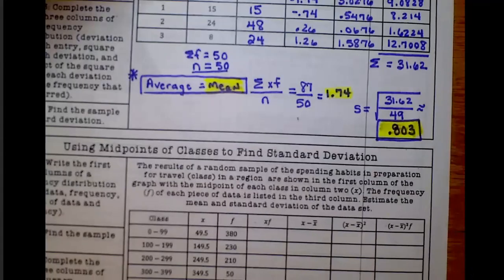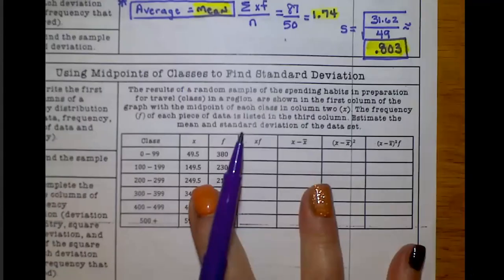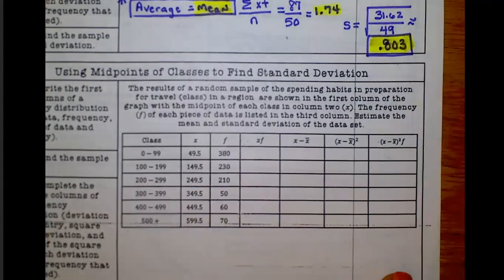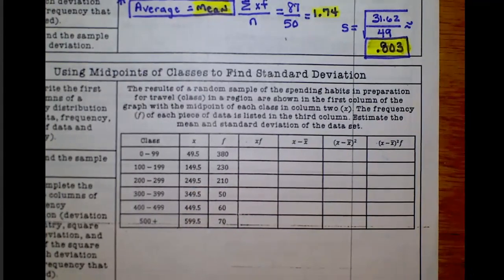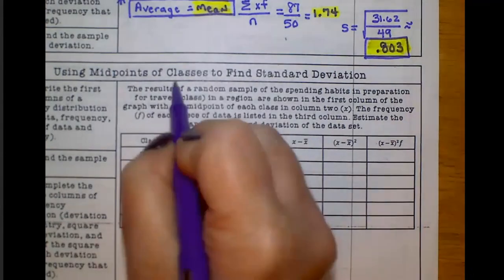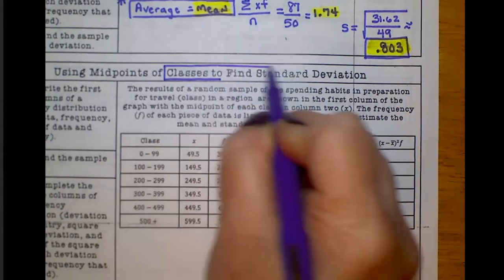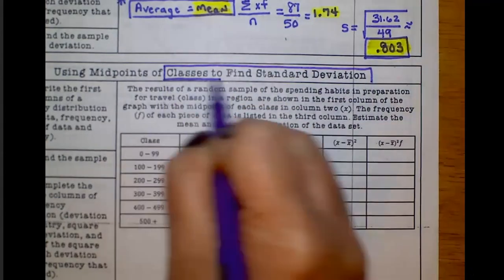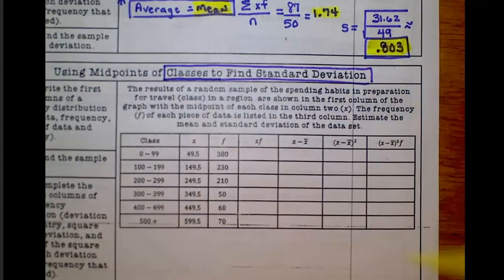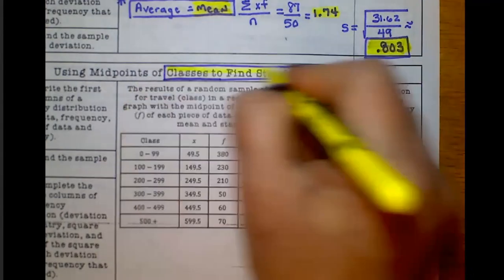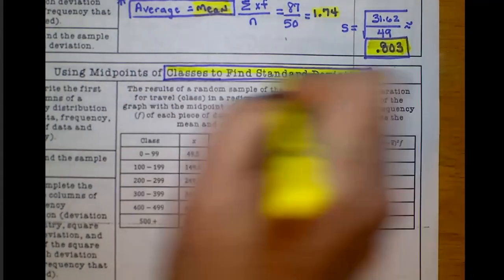So let's try this other one that's actually dealing with grouped data, but it's dealing with classes, where we had like an upper class and a lower class and those kinds of things.